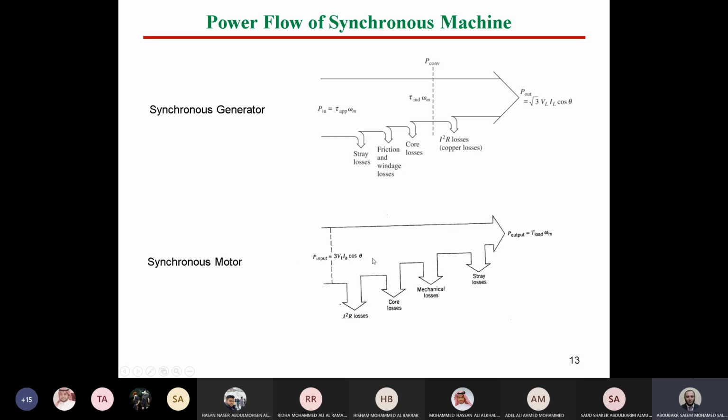This is the input electrical power, and we have some losses, I square R losses, which is copper. We have core, we have mechanical, we have stray, and the remainder will be the mechanical power of the motor. Okay, so as you can see here, the power flow is reversed. The same machine can operate as a motor or generator according to the power flow.